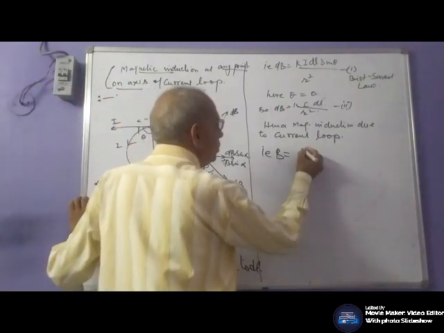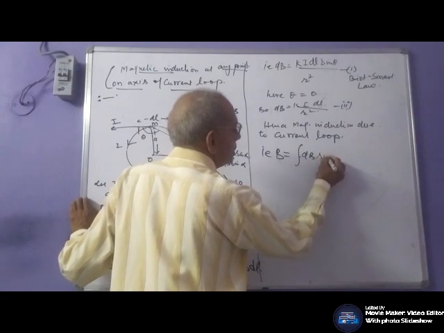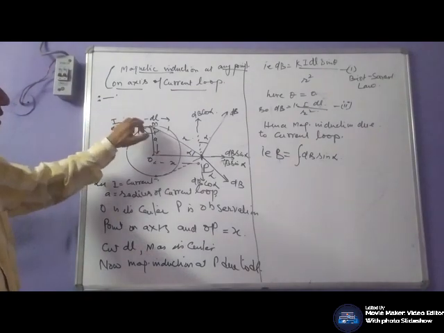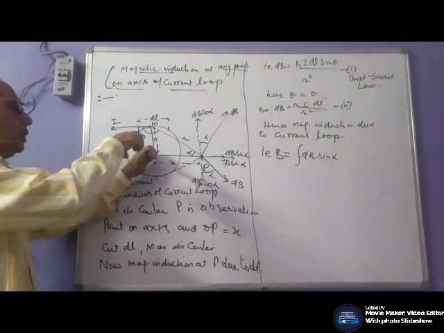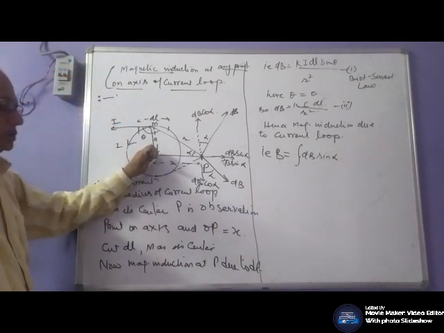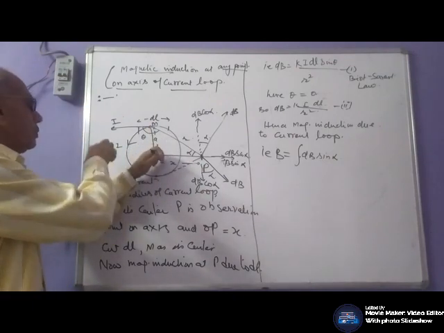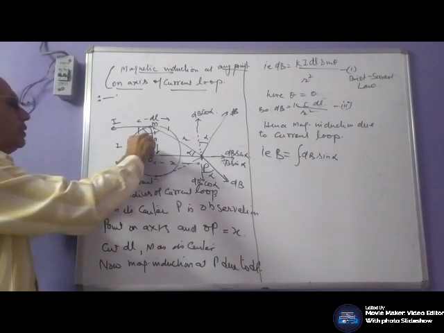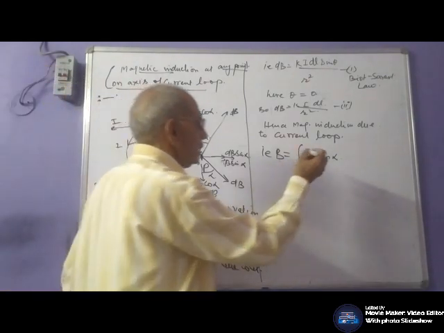So the total will be the integration of dB sin alpha. For each dl, alpha is also constant. Join anywhere, alpha is also constant. So integrate this.